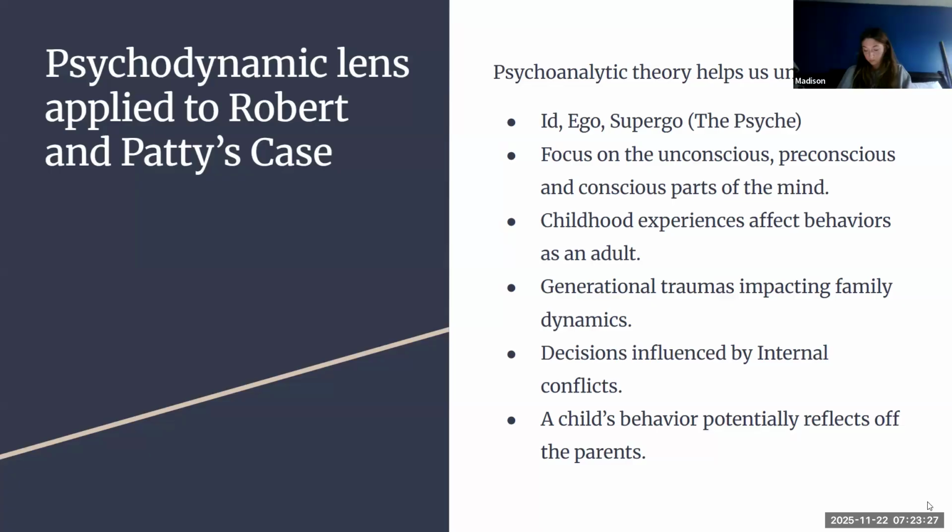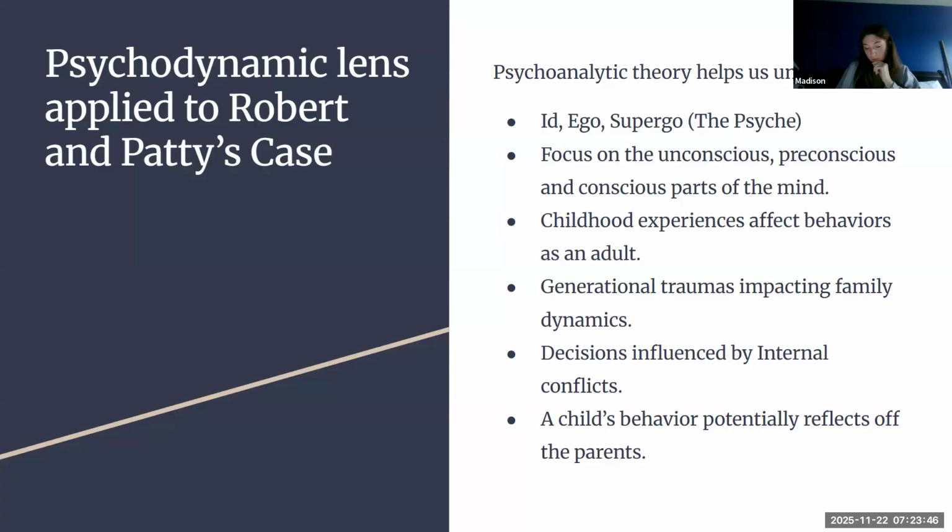All right, so applying a psychodynamic lens, specifically psychoanalytic theory, to this case can help us understand how Patty and Robert's past behaviors have contributed to the situation their family is in today. Patty's childhood experience of abuse and trauma could be the reason for her poor decision making.